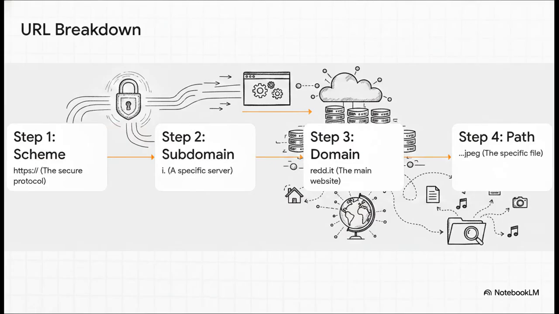A web browser reads a URL kind of like a set of turn-by-turn directions. First, you have the scheme, that HTTPS part, which tells it, hey, make a secure connection. From there, it just follows the address, piece by piece, starting with the subdomain to find the exact location of that file somewhere on the giant map of the internet.